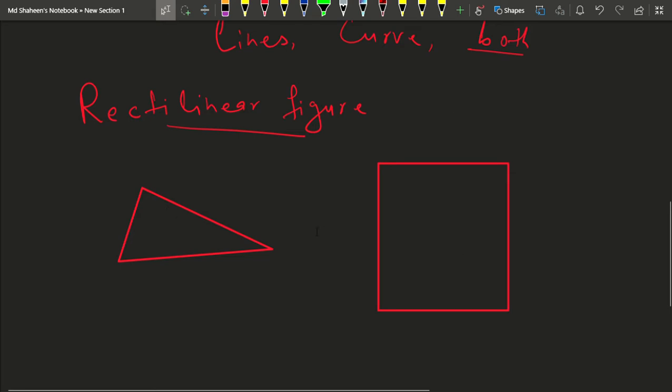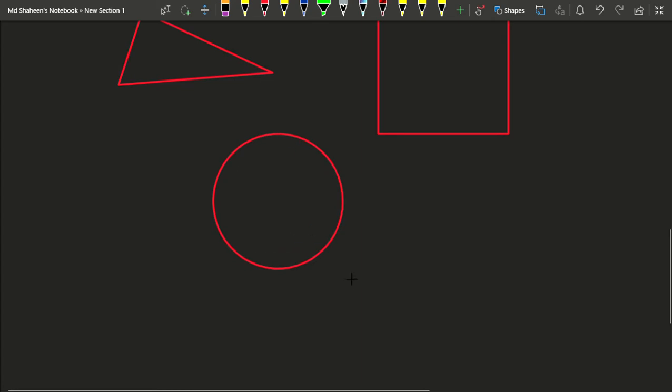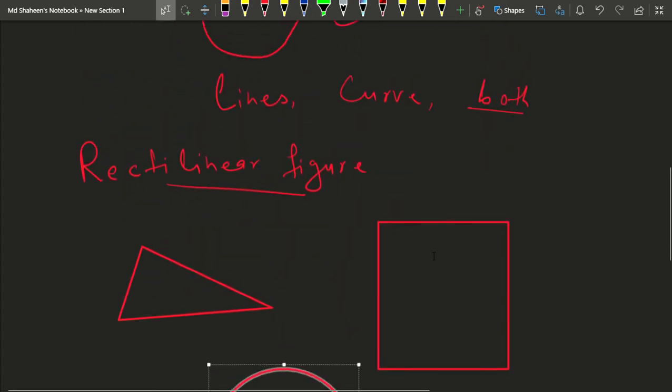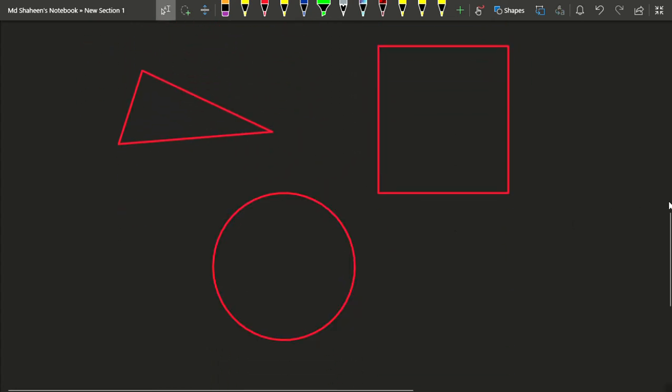So what about this? This is not a rectilinear figure. Why? Because we are using a curve here.